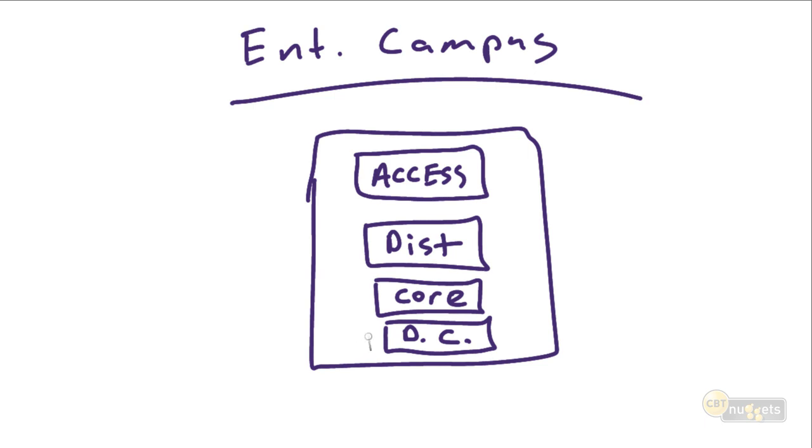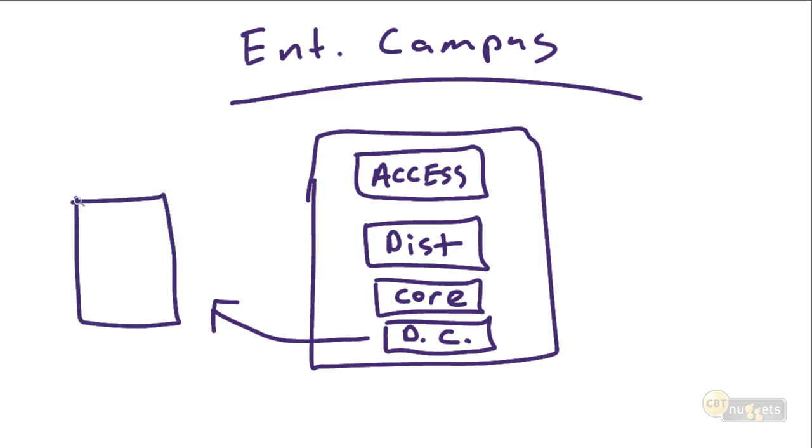And by the way, for something complicated like a data center, you may have a different design document that breaks down that module. And guess what? It's often broken down into access, distribution, and core inside the data center module. So I think you're really starting to see just how modularity is going to assist us.